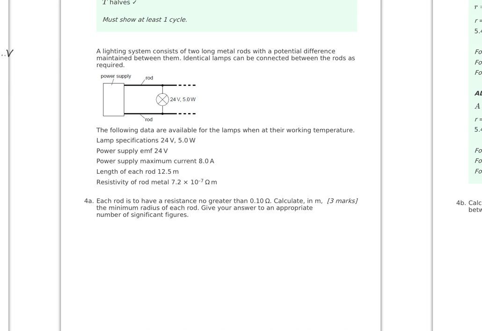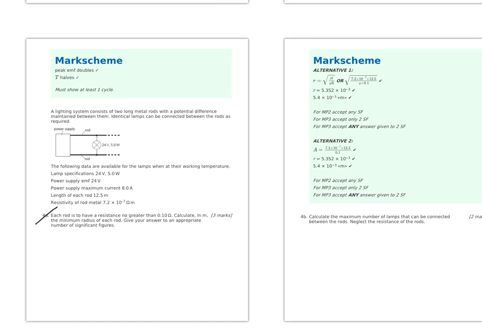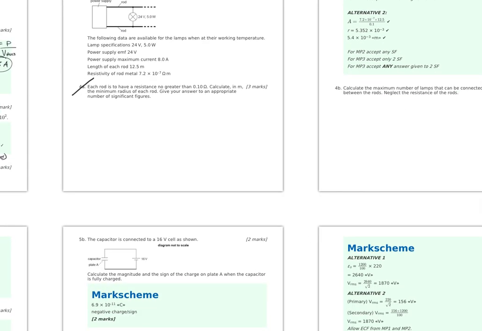Now 4A we don't actually need because that just gives the radius of the rod. You do that with R is rho L over A, but we're not going to worry about that right now. And 4B says, how many lamps can you connect? I am going to look at that because I'm going to need it later.